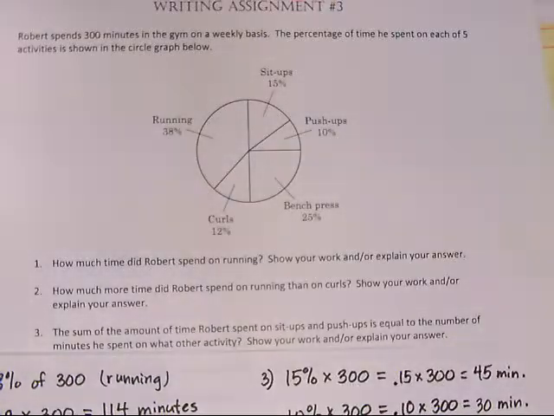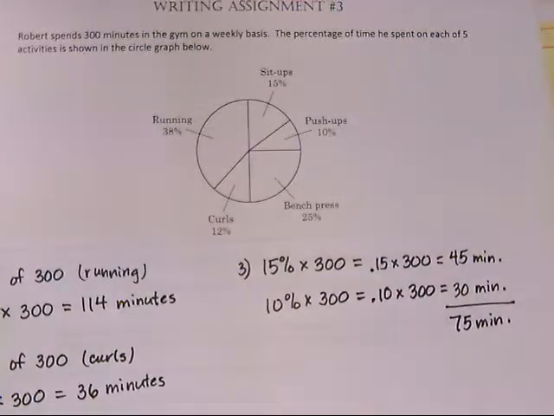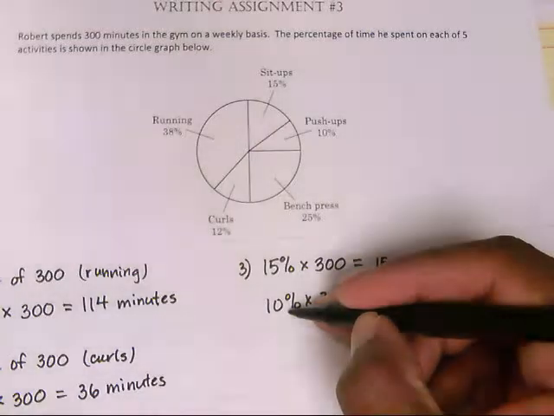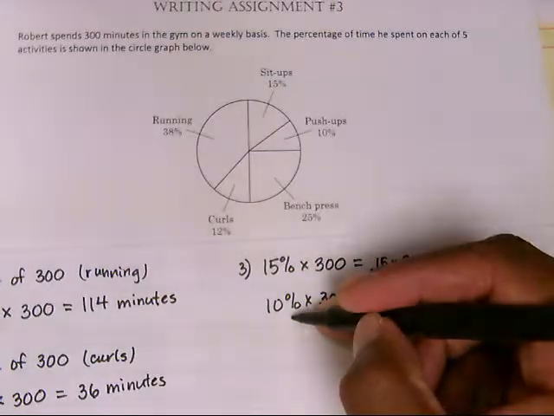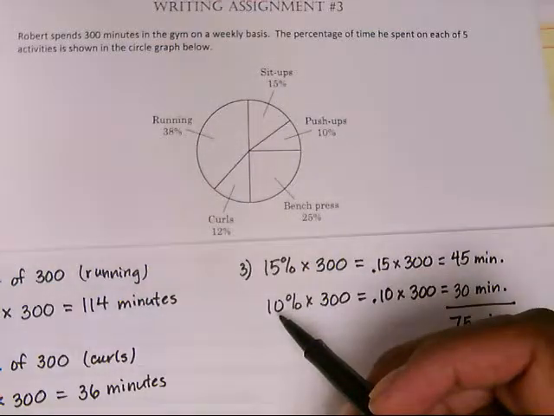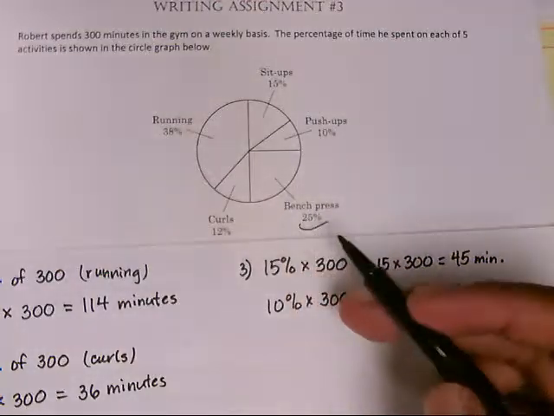Now that's going to be equal to the number of minutes he spent on what other activity? Well, let's think about this. If I add 15% and 10%, that's going to be 25%. There is an activity where Robert spent 25% of his time, and it's right here, bench pressing.